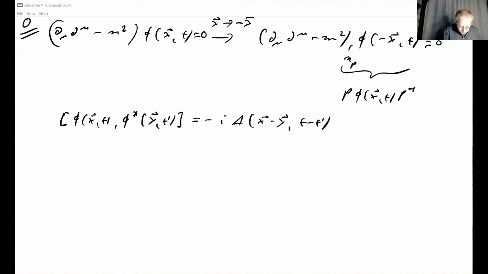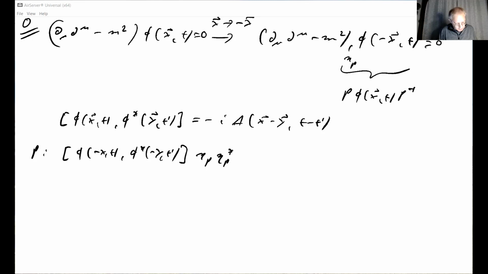And now I just act with P on this equation. And I will obtain here a phi of minus x, t, phi of minus y, t dash commutator. And this is multiplied also, and you see, by this eta p conjugate.